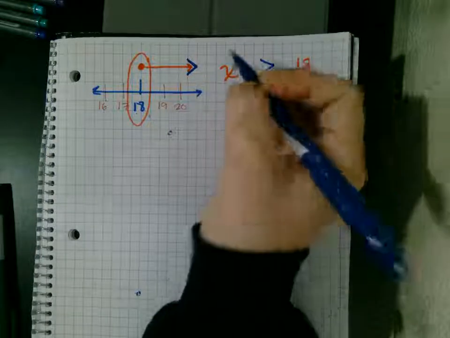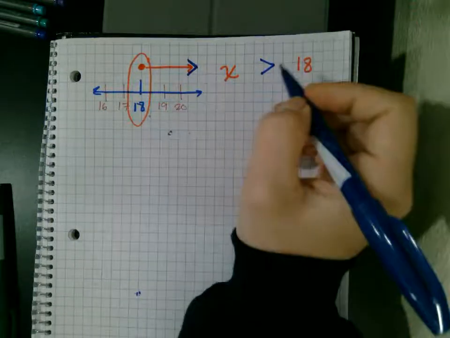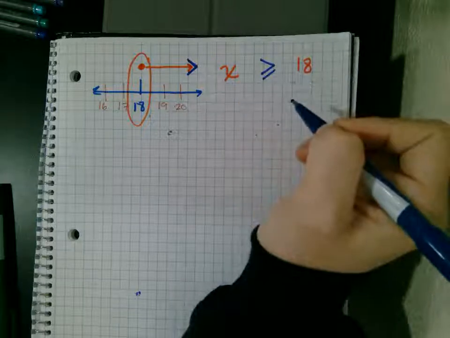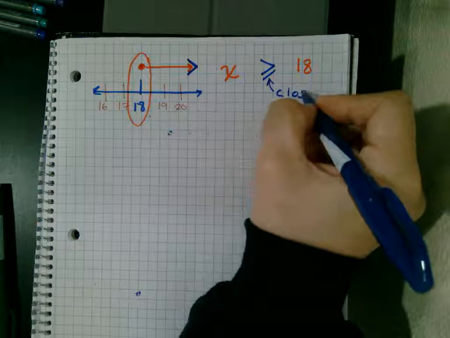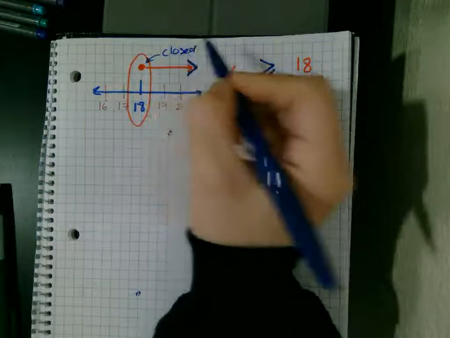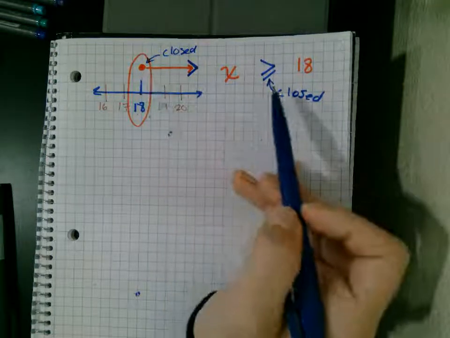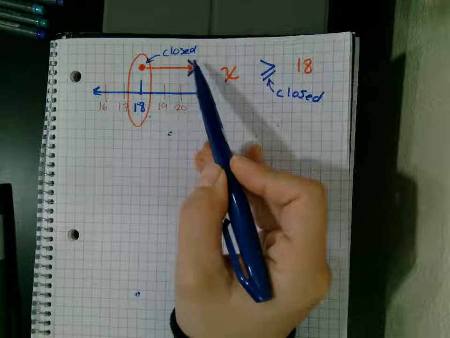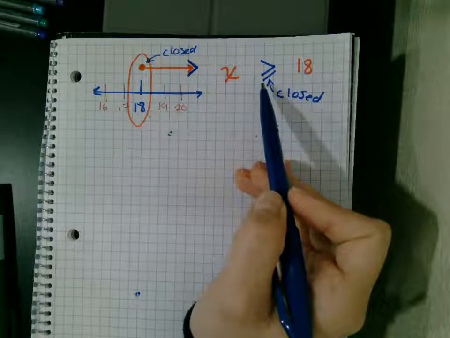Copy it over. Now, because it's a closed circle, I'm going to add this extra little line, because that means it's closed. Because it's shaded, because it's colored in, we call it a closed circle, and that little tiny line tells us that it's closed.